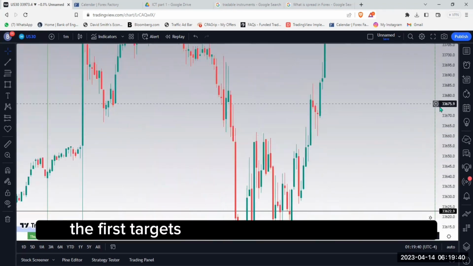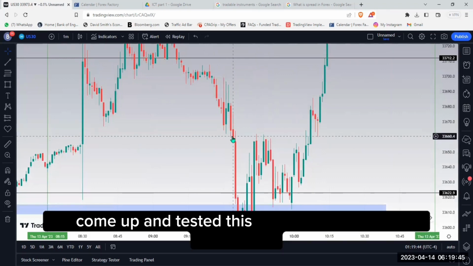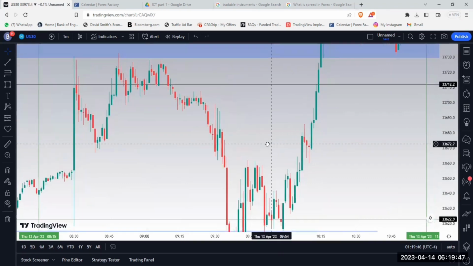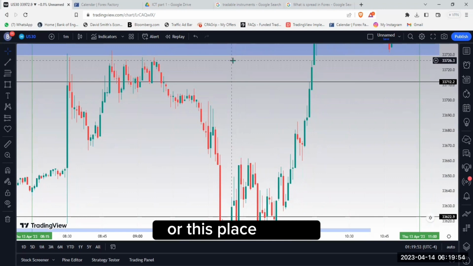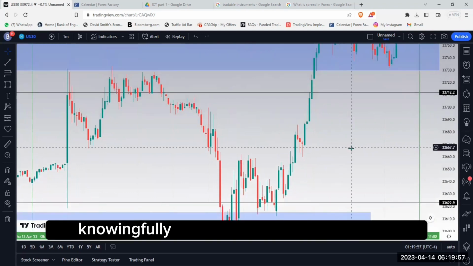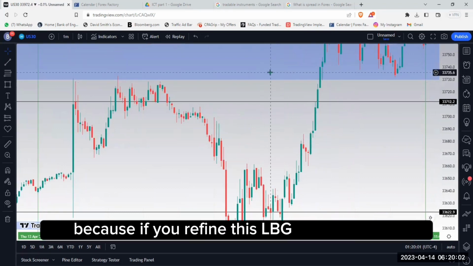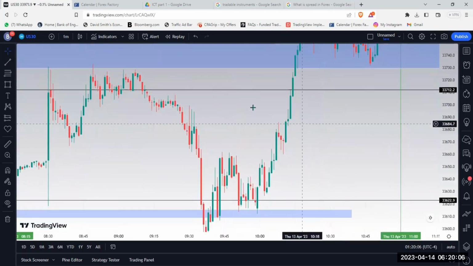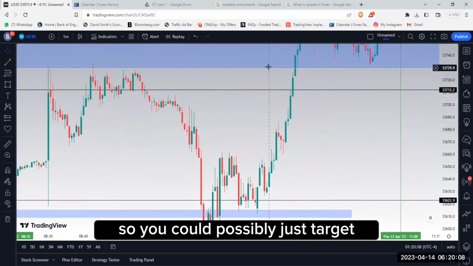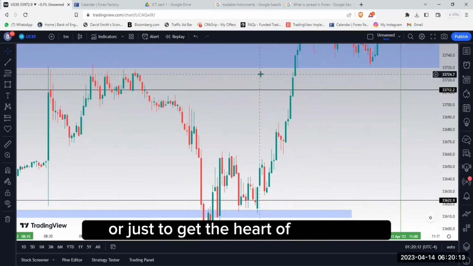Then your first target, because we have already come up and tested this zone, so there's no more imbalance, could just be maybe this top or this place. In fact, knowing fully well that price is attracted towards FVG, if you refine this FVG to 15 minutes, you see that there's a different FVG there. So you could possibly just target the nick of this FVG or just target the high of this place.